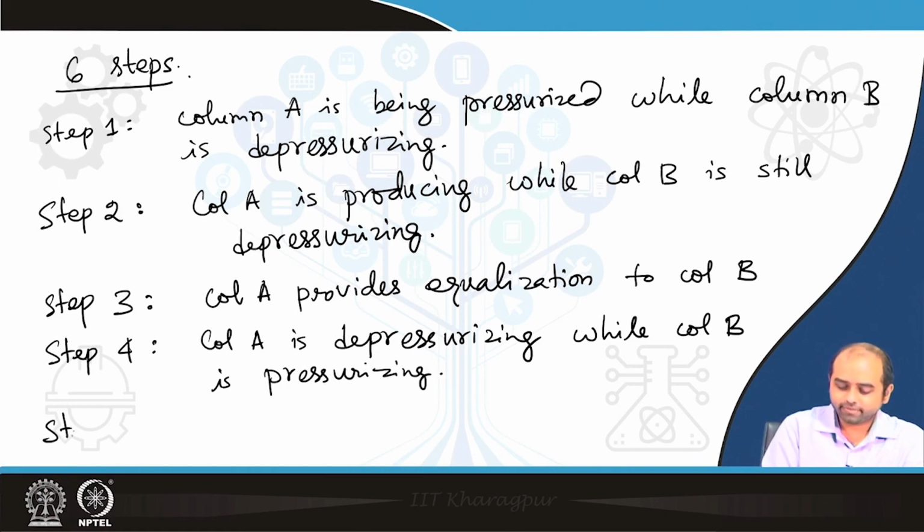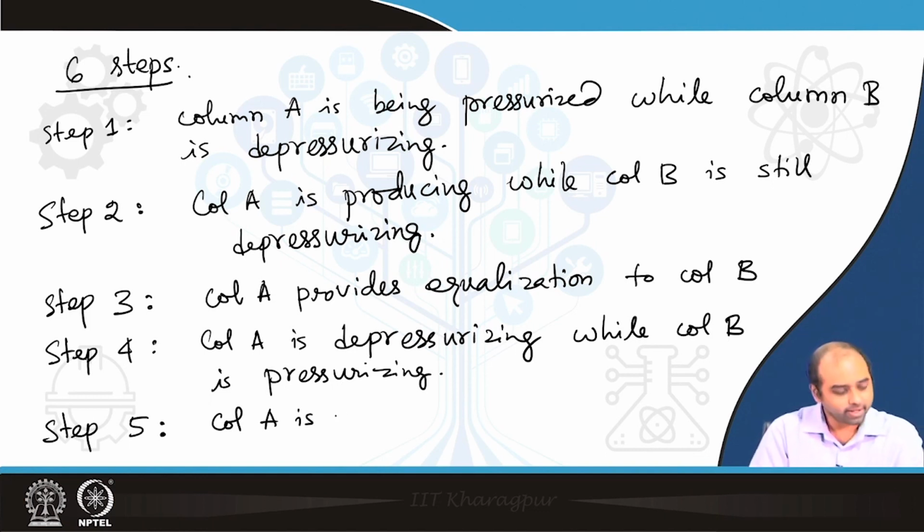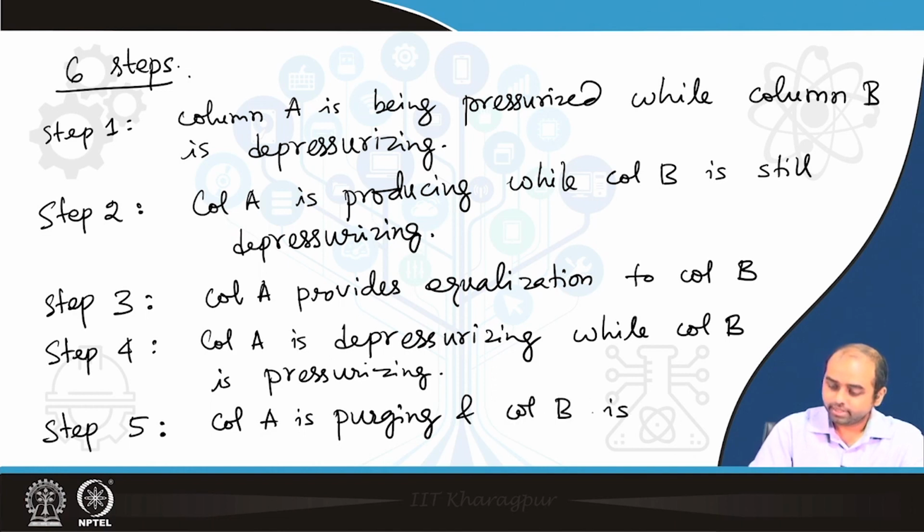And step 5 is column A is what you call purging, and column B is producing.